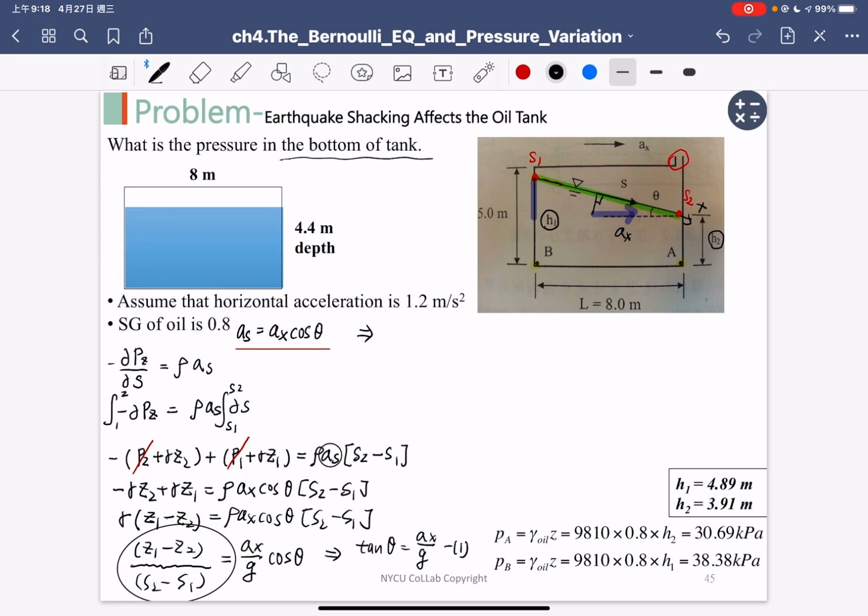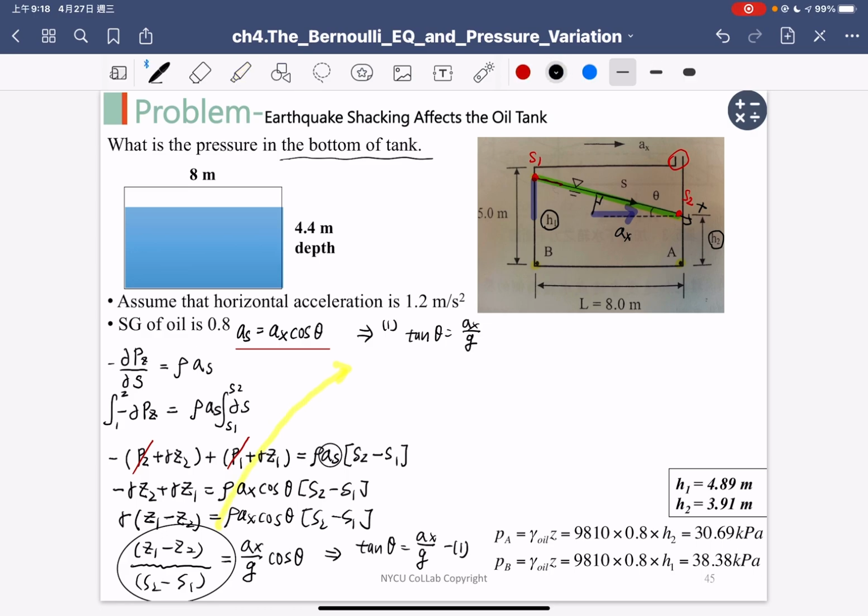Okay, so I put equation 1 here. This is the tangent theta, and it will equal AX divided by G. And then we can rewrite the equation here.